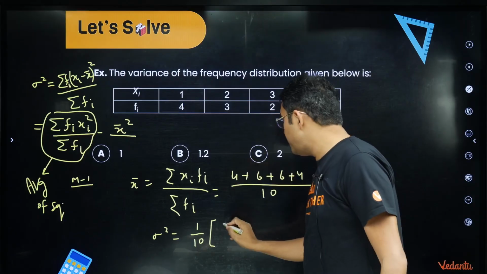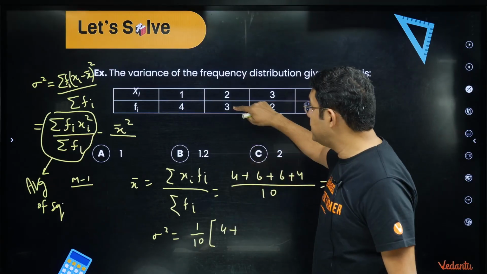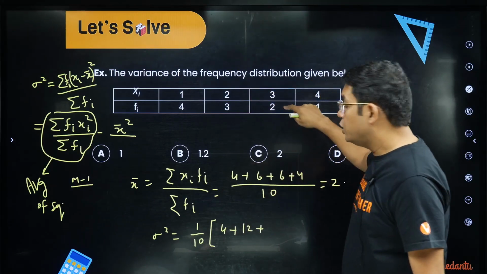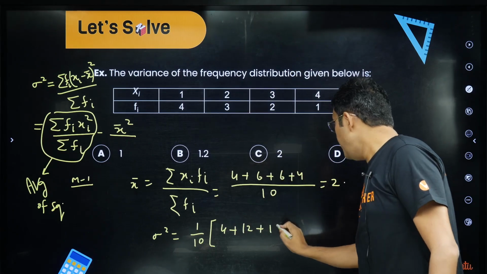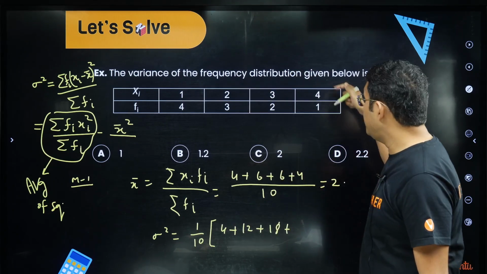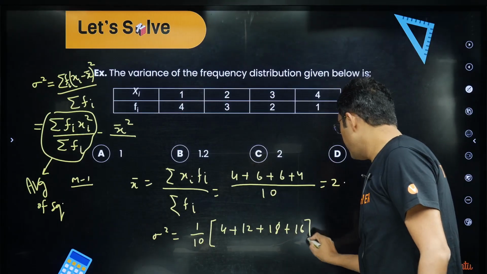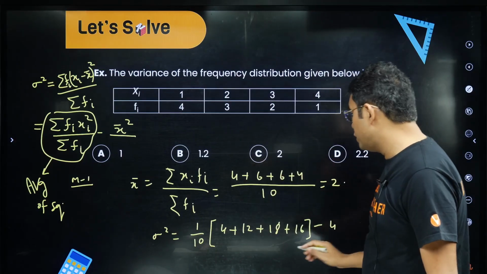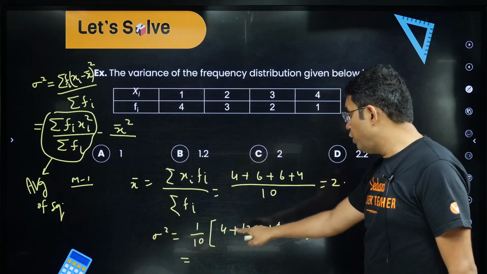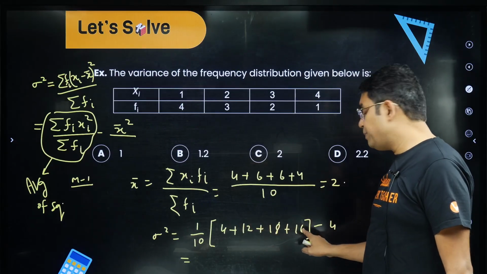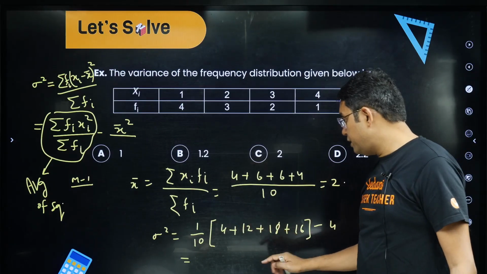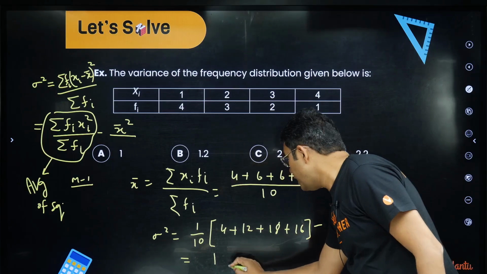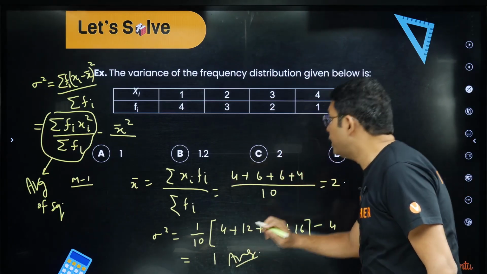So 4 into 1, so 4 here, plus 3 into 2 square, so 3 into 4, 12, plus 2 into 9, that is 18, plus 1 into 16, so 16, and minus square of average, so that will be 2 into 2, 4. So what are we getting here? 4 plus 12, 16, 16 plus 16, 32 plus 18, 50, 50 by 10, 5, 5 minus 4, 1. So the answer of this question has to be 1 only.